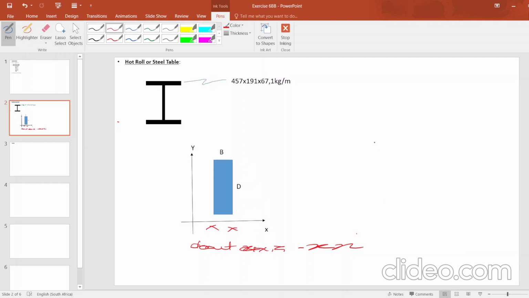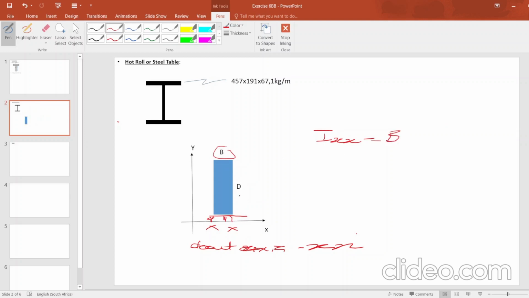If we've taken moment at the X axis, then we are calculating for IXX. Now, how do we calculate the IXX? We said that if this is where you have taken moment, you start with the letter opposite to where you have taken moment. I'm opposite to B. That means it will be B.